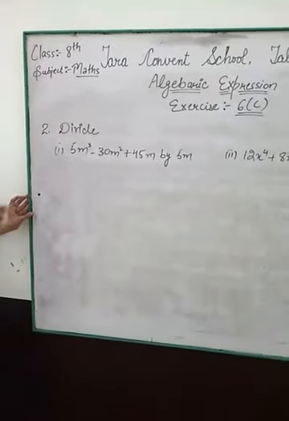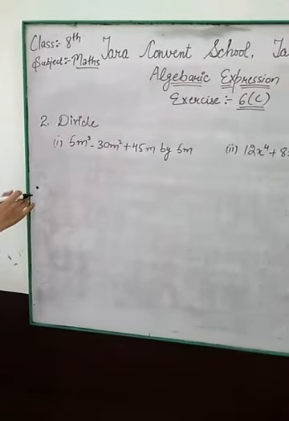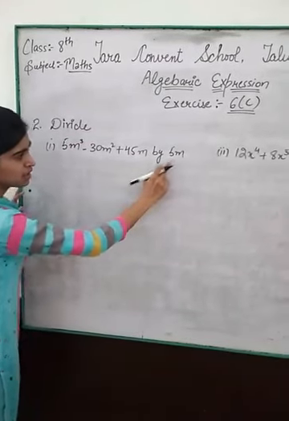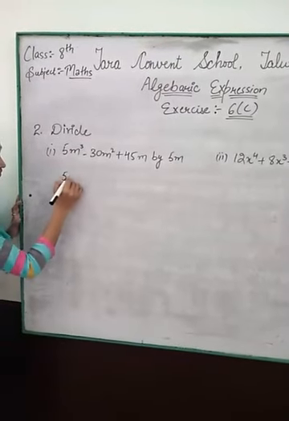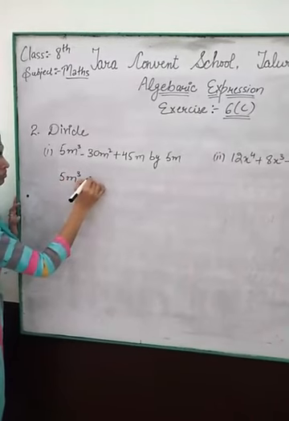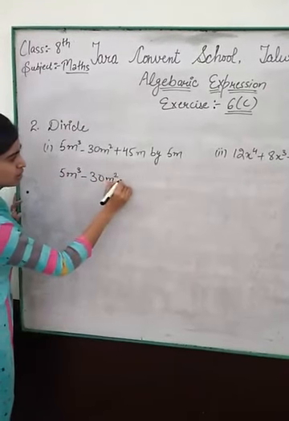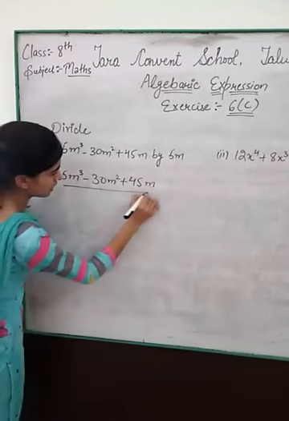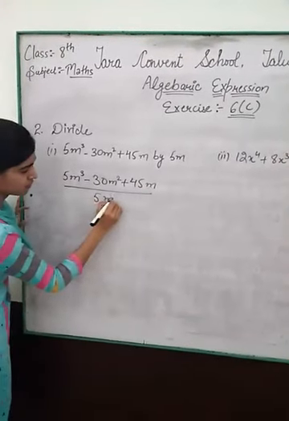And now in the second question, we want to divide this algebraic expression by 5m. Like we have given 5m cube minus 30m square plus 45m. We want to divide this by 5m.